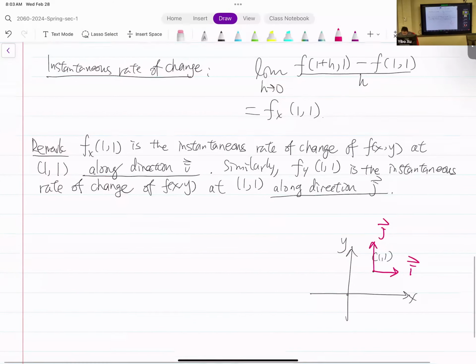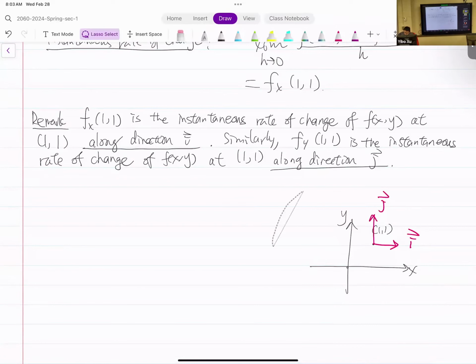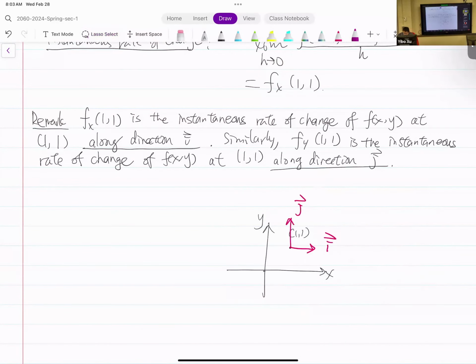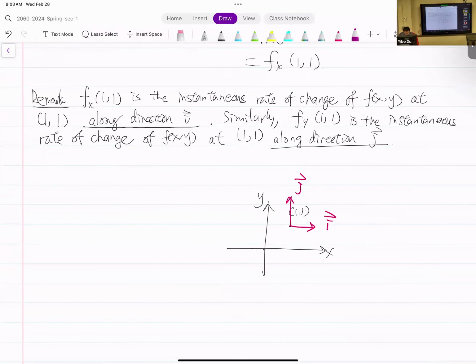And then in general, we're going to ask the question, what happens if we choose a direction that's different from i and j, but as a unit vector, let's say something like this. I wanted to get the vector, but I accidentally erased everything. So let's say this is the direction u. Okay? So i and j, they're just unit vectors. They are vectors along axes x and y respectively, but they have unit magnitude, right?